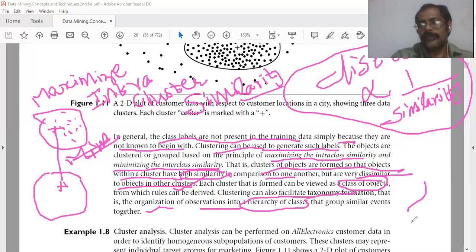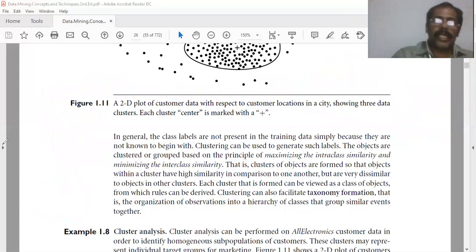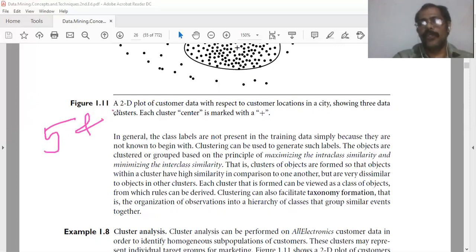Here, the similar events are grouped together. We will discuss clustering and the clustering methods in module 5 and module 6.